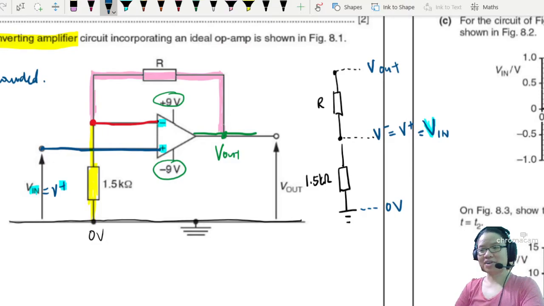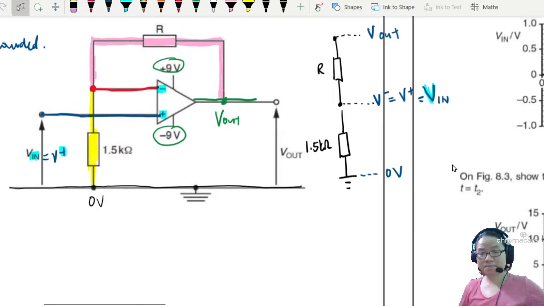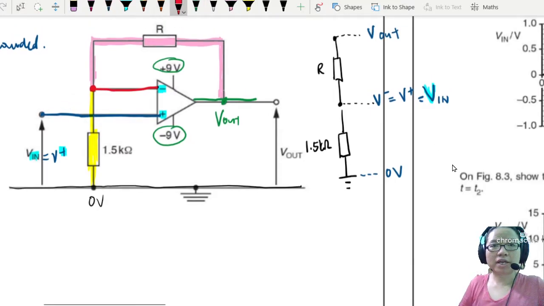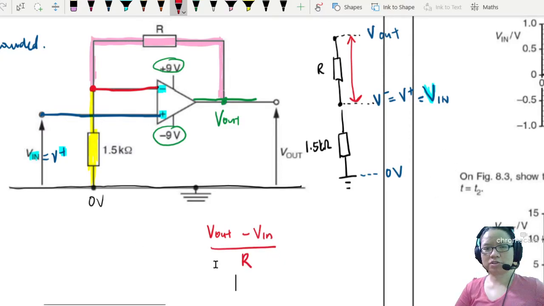Okay. So now we're going to write out the potential divider equation. I will write it down here, so I got space. So I will say that the potential difference from here to here, which is V out minus V in, over the resistor R. Okay, again, apologize for the faulty graphic card.